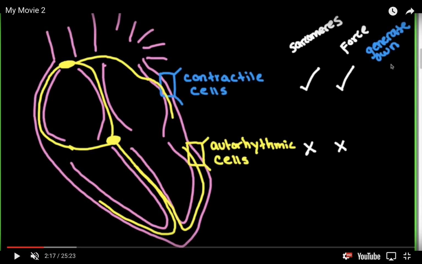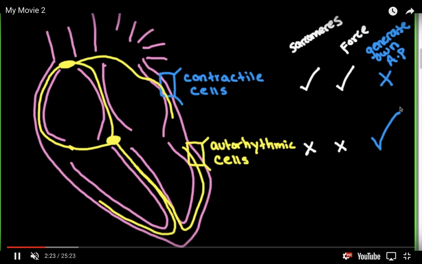That is, are they a cell that can start their own action potential without anybody else telling them to? The key defining feature, other than the sarcomeres, is that contractile cells are unable to generate their own action potential, but autorhythmic cells can. That's actually why they're called autorhythmic, because they can generate a rhythm of action potentials automatically, completely on their own.